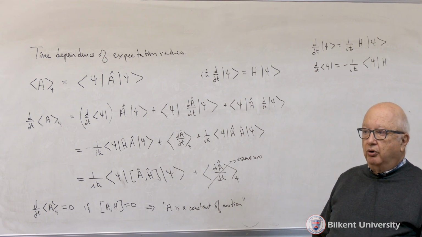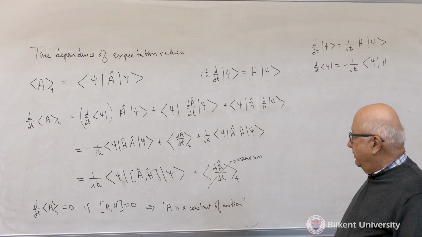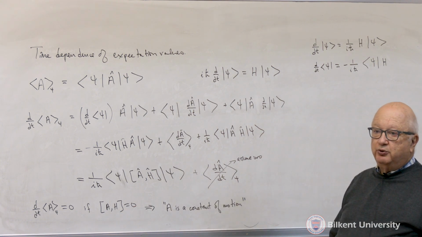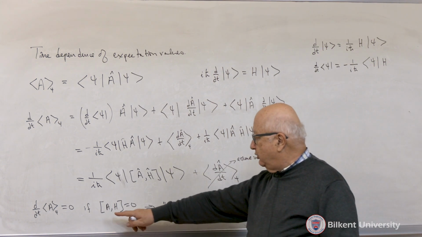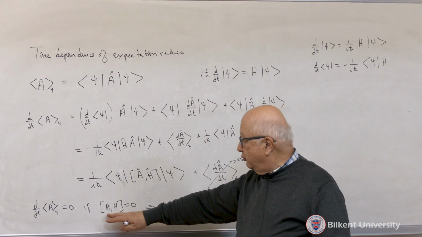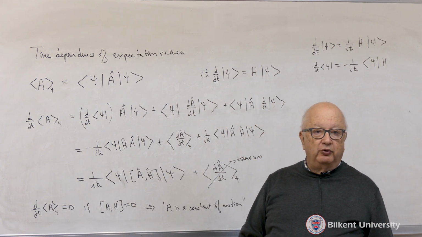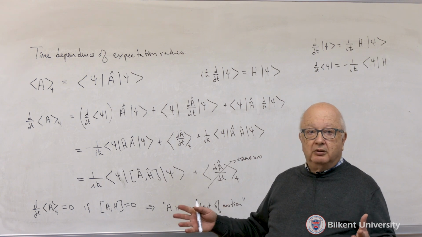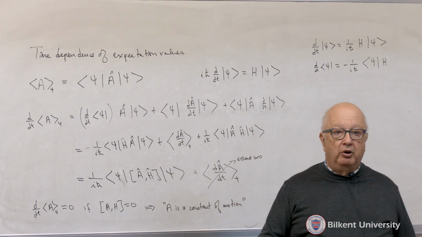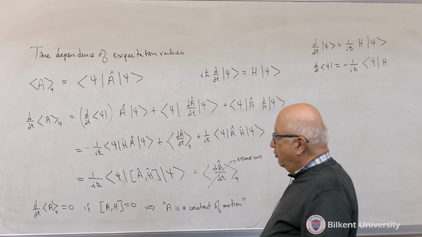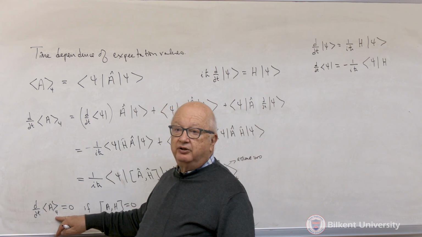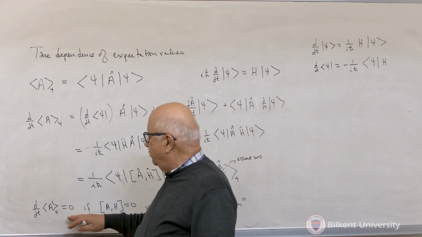For a free particle, for example, H is p squared over 2m, and momentum is just p, so p commutes with itself, so momentum commutes with p squared over 2m, and momentum is a constant of motion. Any expectation value of momentum for any wave function is not going to change with time.